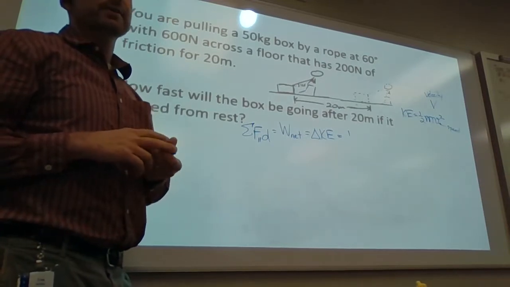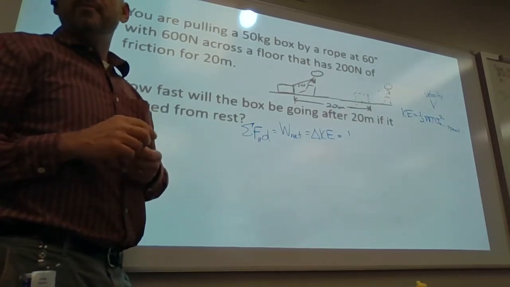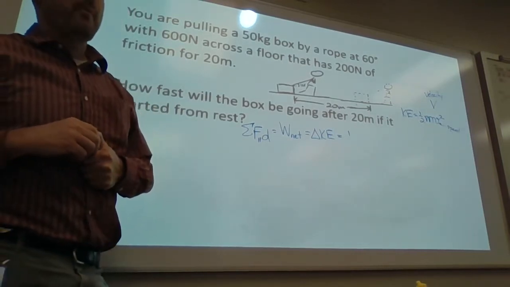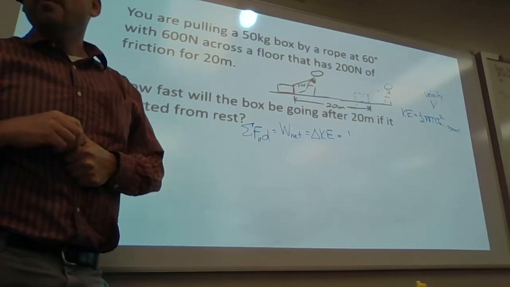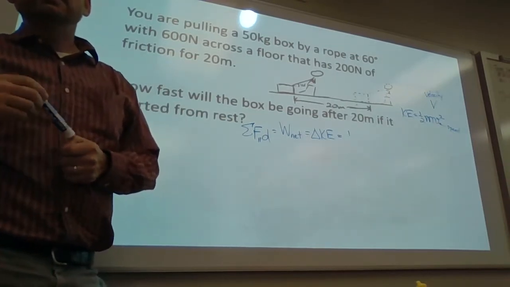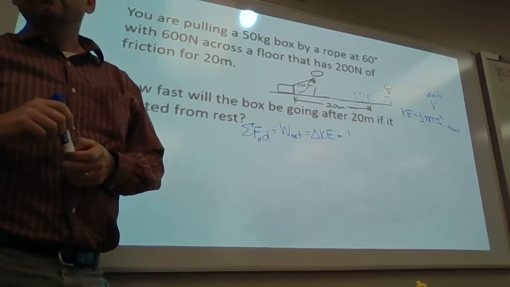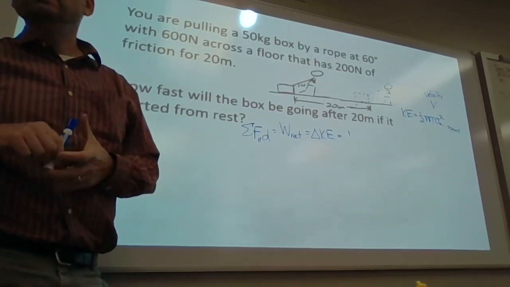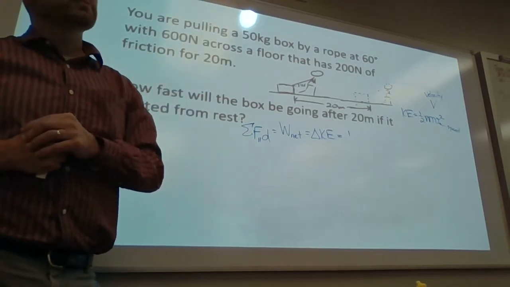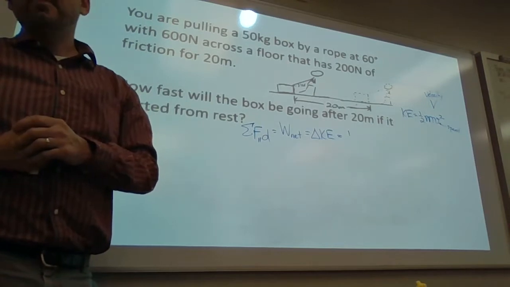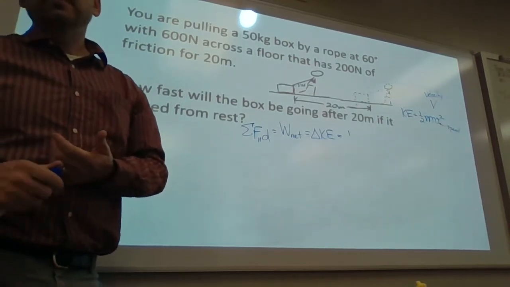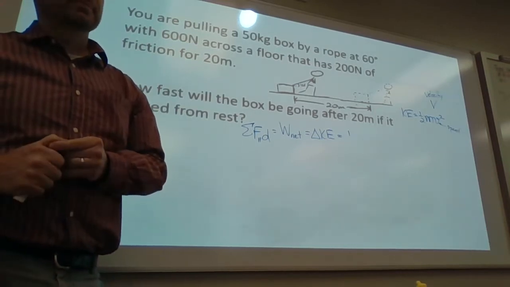What's the difference between speed and velocity? What do you say? Velocity has direction. Speed does not. Okay, velocity is speed and direction. Speed is, well, just speed.